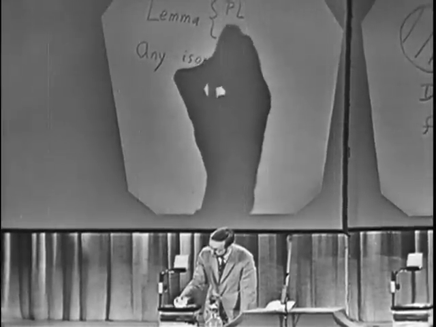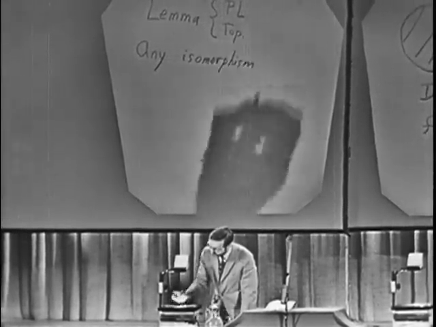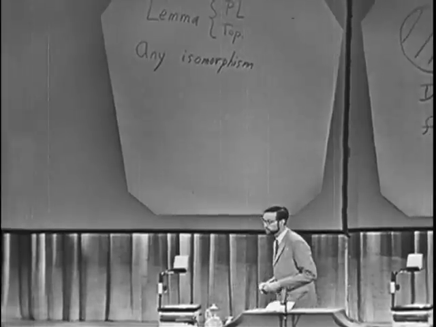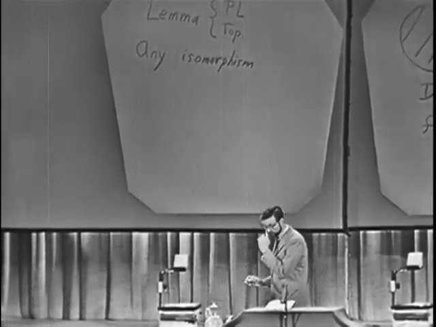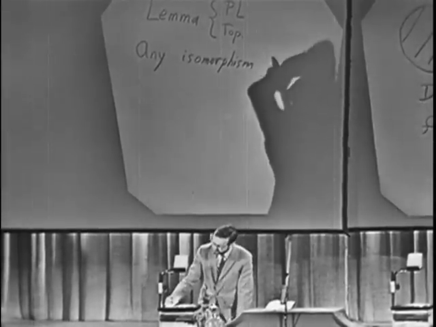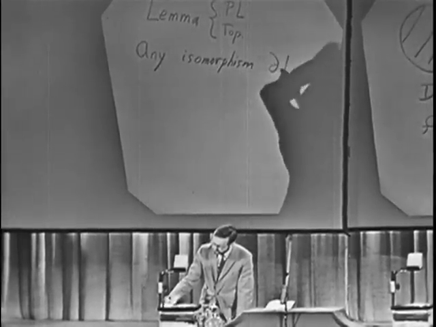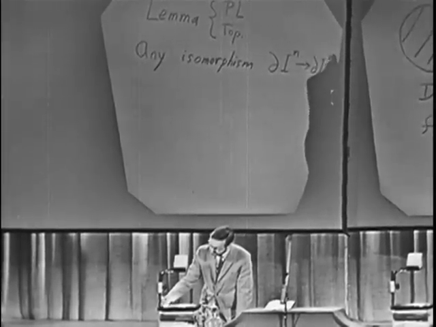Any isomorphism, that is to be interpreted as piecewise linear homeomorphism or homeomorphism, depending on which case one is considering, from the boundary of the standard cube, I'll write boundary of I^n, to boundary of I^n.